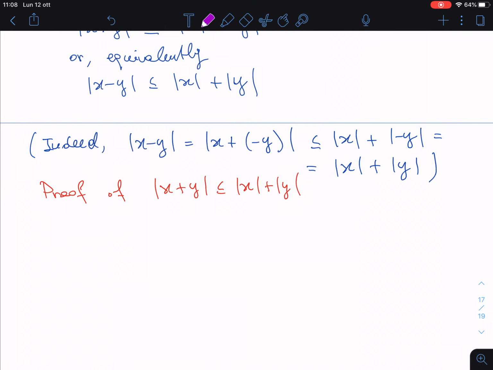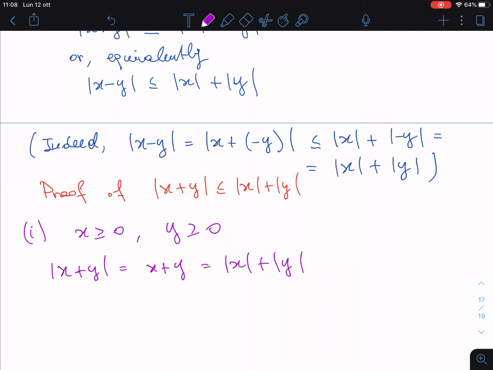So the first case, if x larger or equal 0, y larger or equal 0, you have then that x plus y, everything is non-negative, so this is equal to x plus y without the absolute value, and this is equal to the absolute value of x plus the absolute value of y, because everything is non-negative, and so equal is a particular case of less or equal, so you end up with x plus y less or equal modulus of x plus modulus of y.